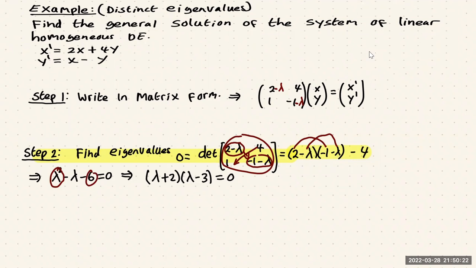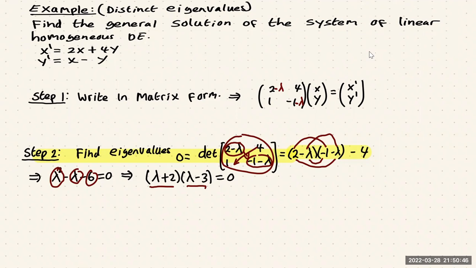You're going to have 2 times minus lambda and minus lambda times minus 1. Adding those, it'll be minus lambda in the middle. So I got that guy there. And you can check that factors as lambda plus 2, lambda minus 3. So then we can find our 2 eigenvalues. It looks like they're going to be lambda equals minus 2 and lambda equals 3.